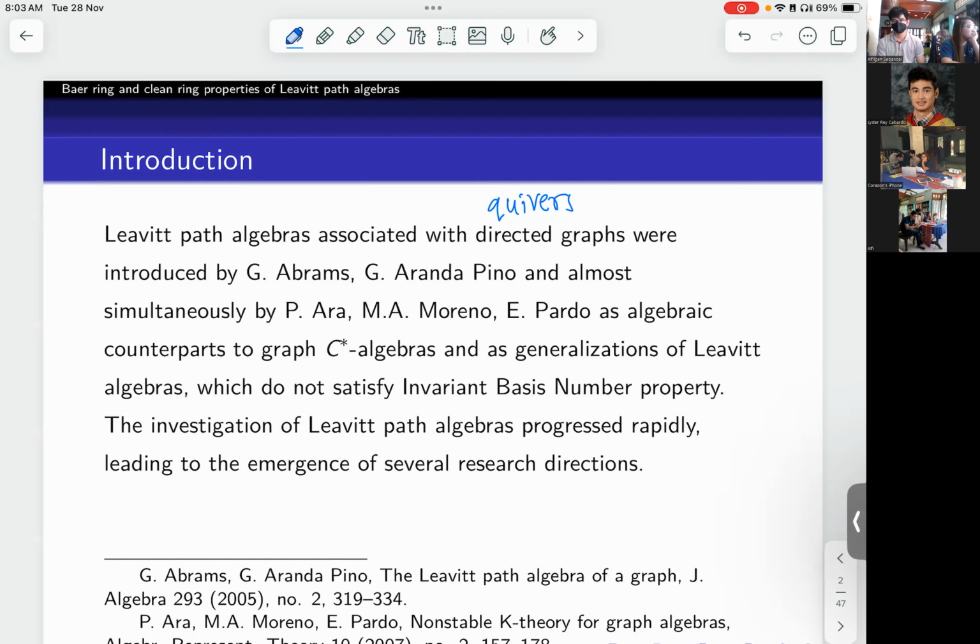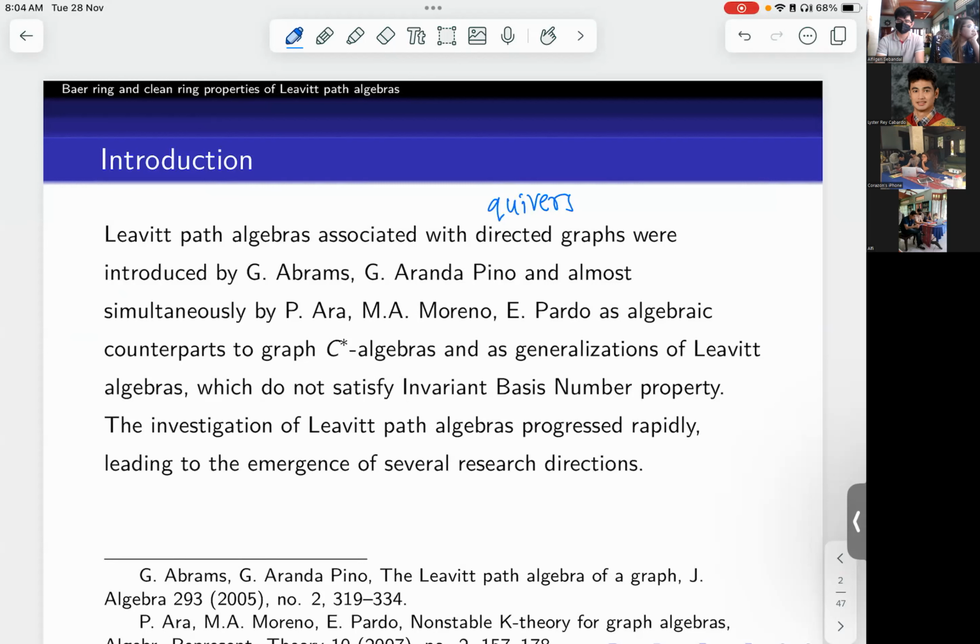And they were generalizations of Leavitt algebras, the algebras which do not enjoy the invariant basis number property. Some sort of dimensionality we want to give to the modules, that thing fails in the case of Leavitt algebras.